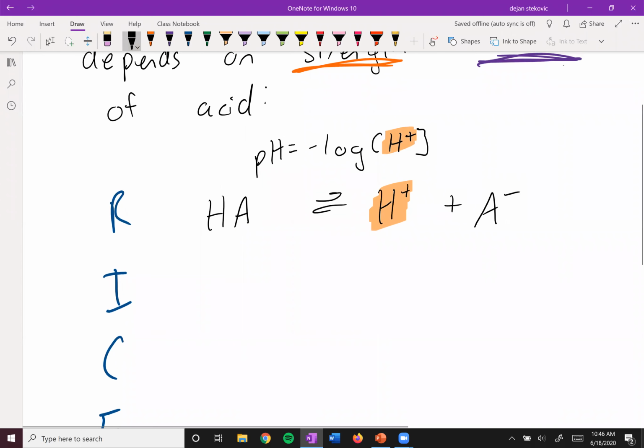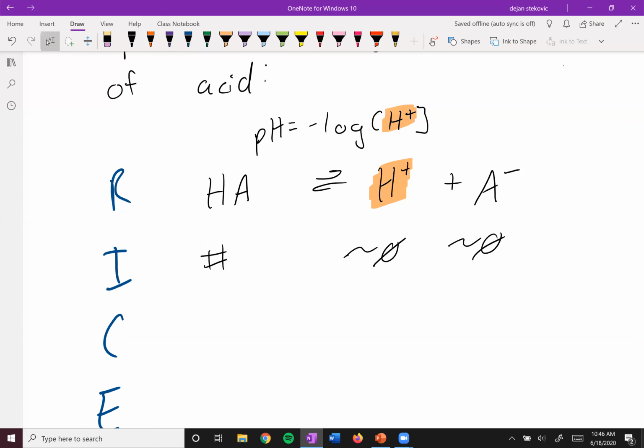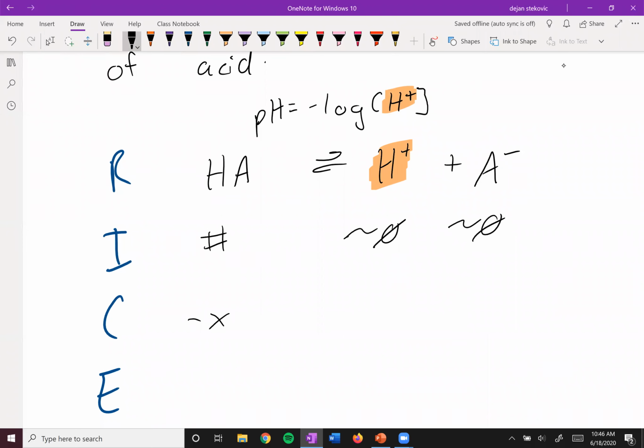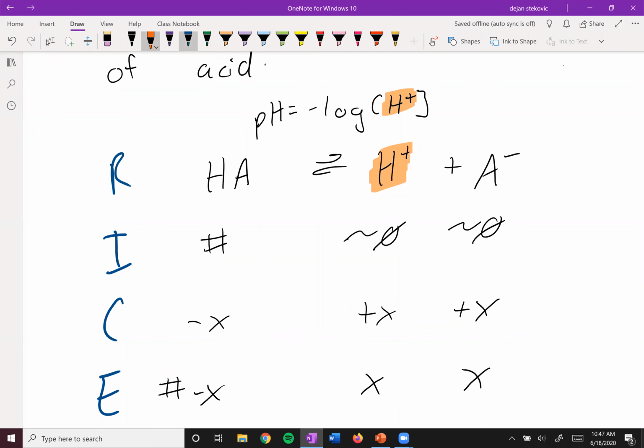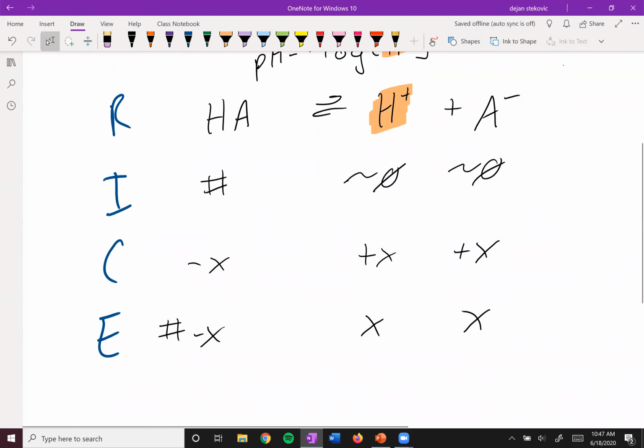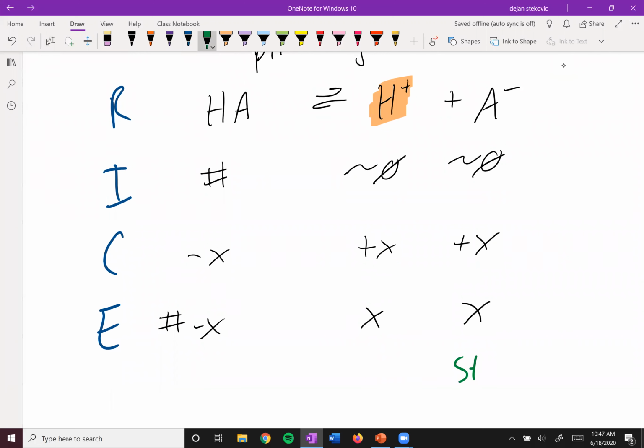And then you'll get some kind of number for an initial concentration, right? And then these will be approximately 0 because we're going to assume that the auto ionization of water is negligible. And then this will be minus X, then some number minus X, X, and then X. And when we're talking about the strength of the acid, that's the Ka.